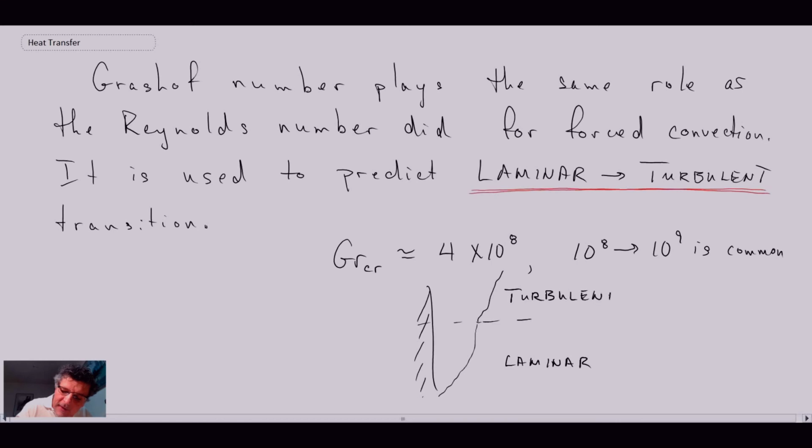What that means is the convective heat transfer relationships will be different as we go through this transitional point. x was in that direction, and so this would be the Grashof number evaluated as a function of x at that location. So that is the Grashof number, a non-dimensional number, very important for free or natural convection, and we'll be using that quite often as we go through the analysis in this chapter.